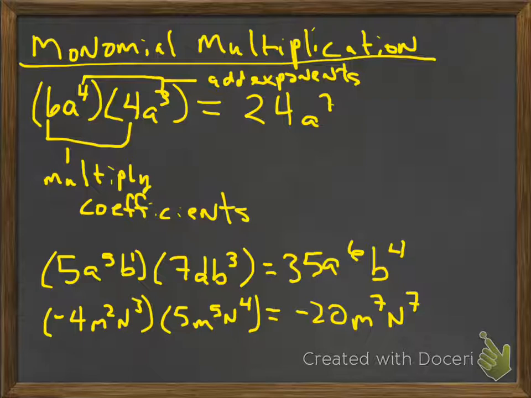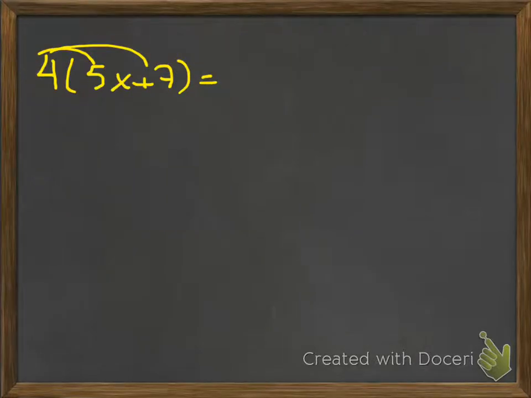Now, what happens if I have a monomial times a binomial, a trinomial, or any polynomial? Well, it's the distributive property. Remember, at the beginning of the year, we said 4 times the quantity 5x plus 7 equals 4 times 5 is 20x, and 4 times 7 is 28.